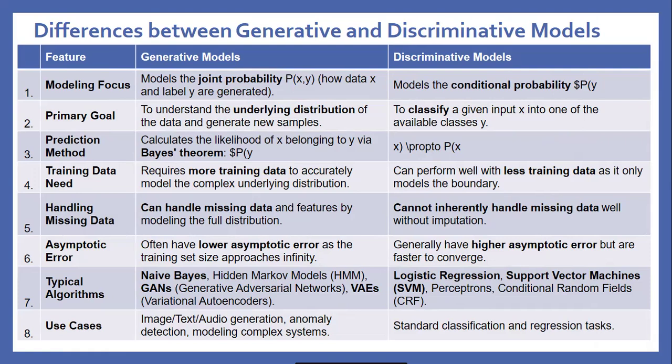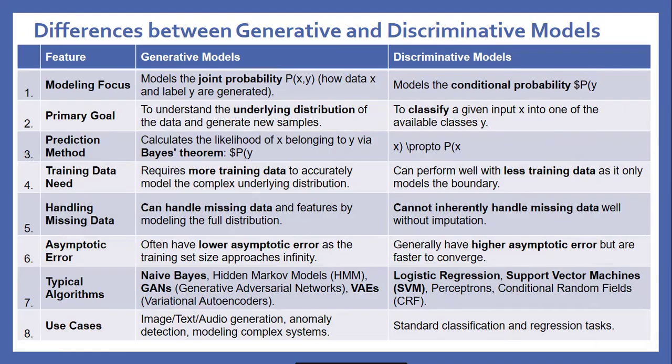Primary goal: to understand the underlying distribution of the data and generate new samples. In a discriminative model, to classify a given input X into one of the available classes Y. Prediction method: calculate the likelihood of X belonging to Y via Bayes theorem.